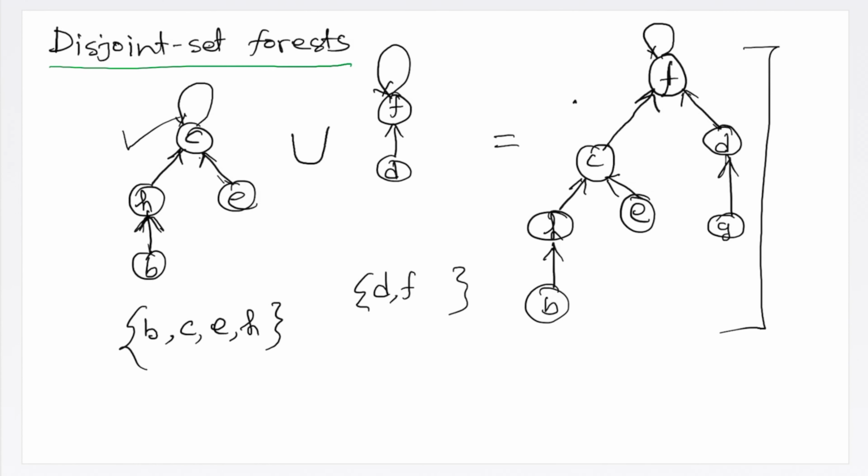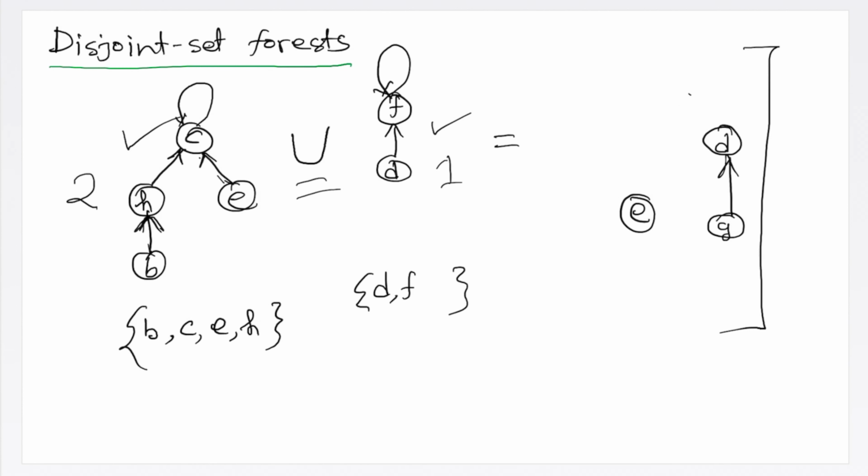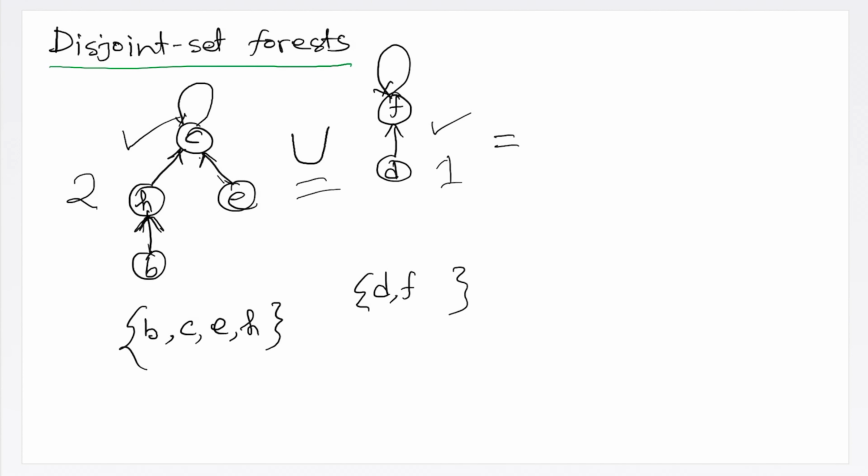For example, this one has a height of 2 and this tree has a height of 1. In this situation, the union of these two trees will be different than the previous case. The target is to make sure that the height of the combined tree does not increase more than the height of the tallest tree among these two.